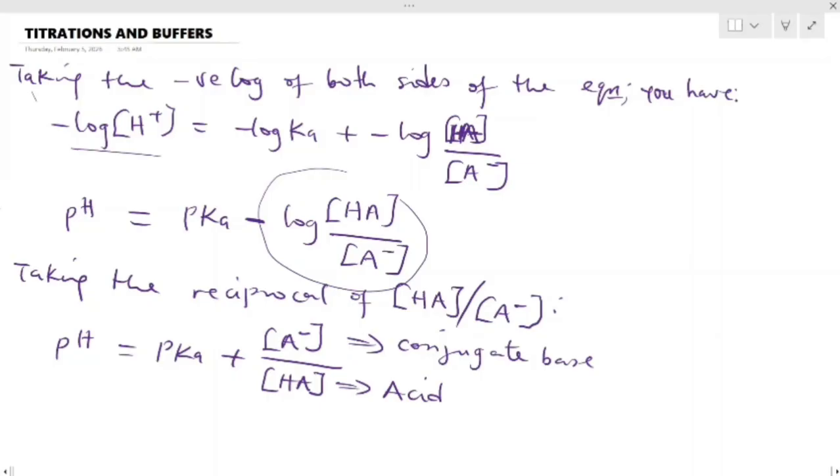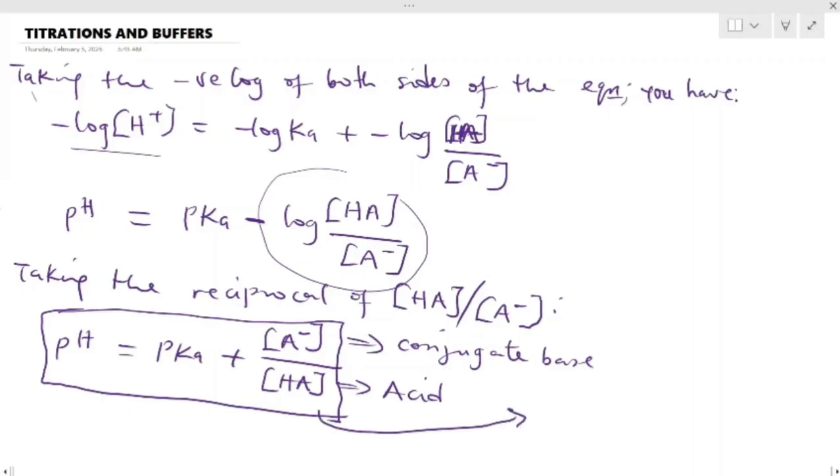So the whole of this relationship here, pH is equal to pKa plus log of concentration A minus, which is the conjugate base, over concentration HA, which is the acid, is known as the Henderson-Hasselbalch equation.